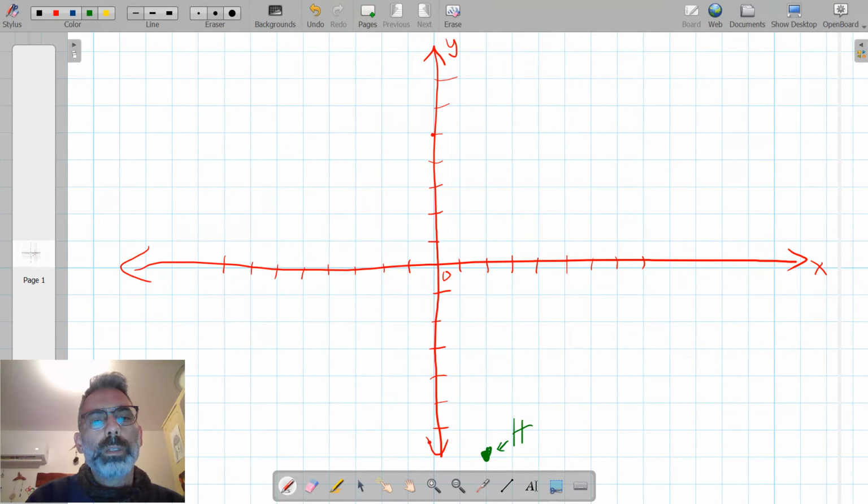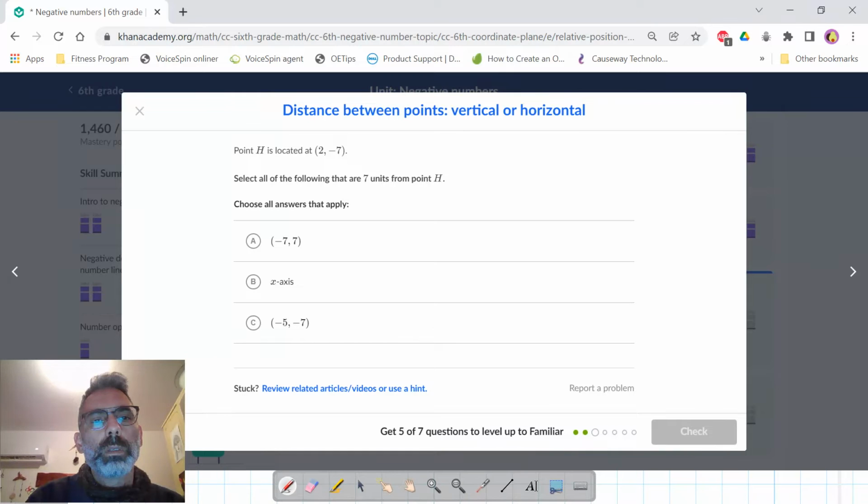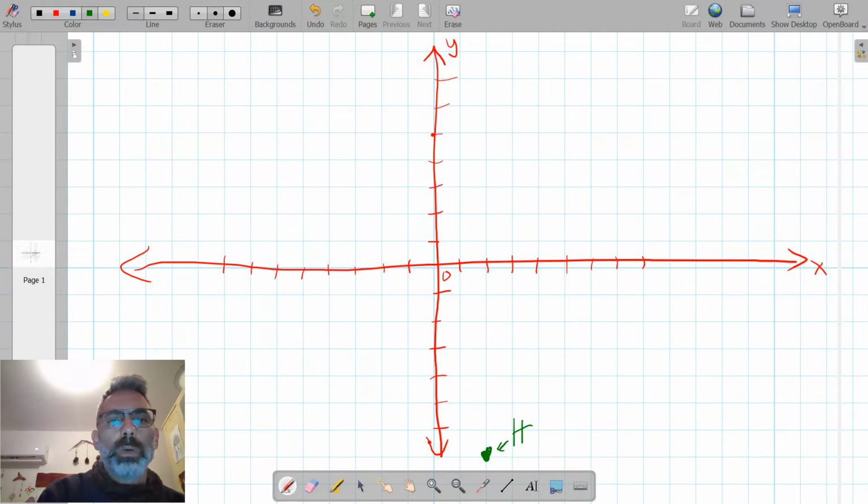Okay, negative 7 on the x and 7 on the y. 1, 2, 3, 4, 5, 6, 7 — this is negative 7 on the x. 1, 2, 3, 4, 5, 6, 7. This point is negative 7 and 7.